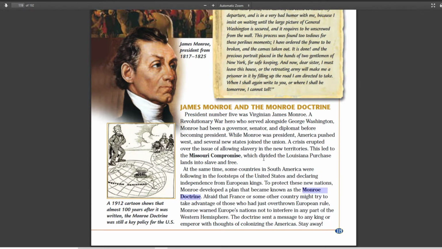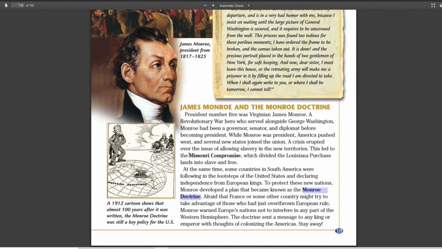There was one other thing. The Missouri Compromise is something that goes on during Monroe's presidency, and it is a precursor to the Civil War. The question of slavery wasn't really a big issue until we started getting more and more territory, like the Louisiana Purchase.